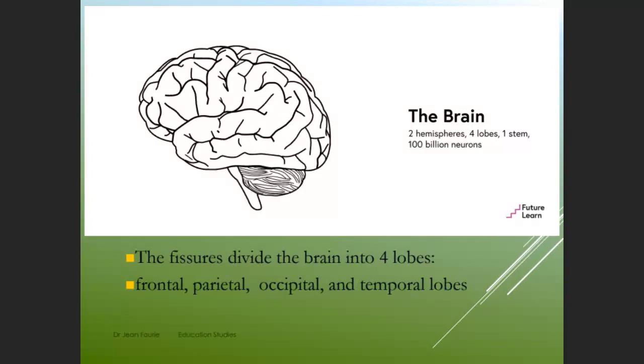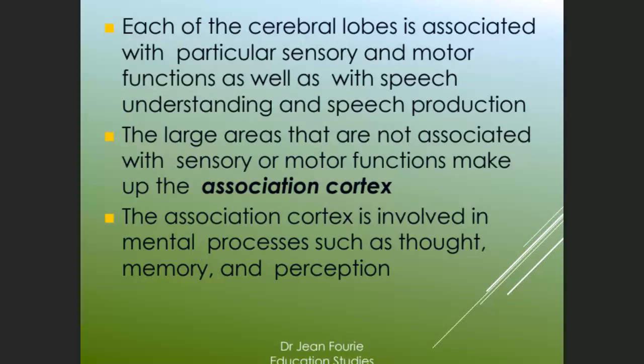And within our brains, there are approximately 100 billion neurons. These neurons are very, very small, and they are all functioning together and creating our minds and our thinking processes and the ability to imagine things and the world around us. Each of these cerebral lobes is associated with some particular sensory or motor or speech or some kind of function.